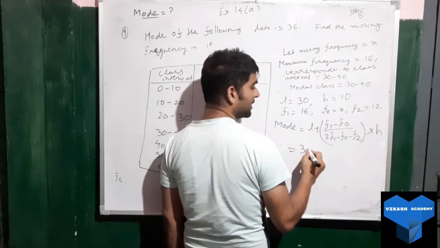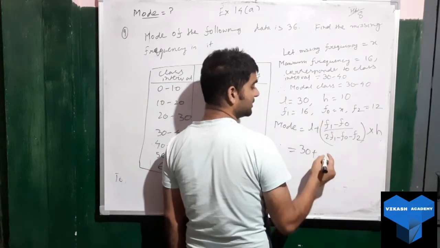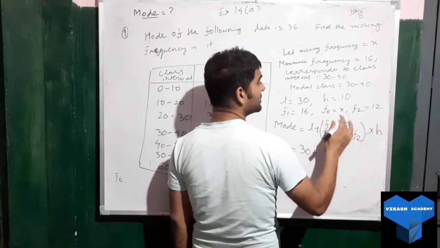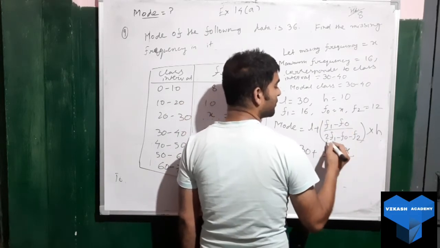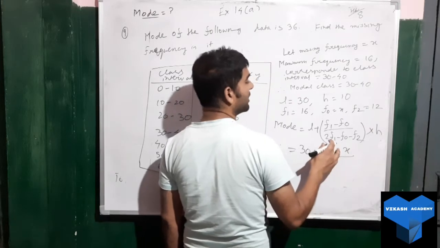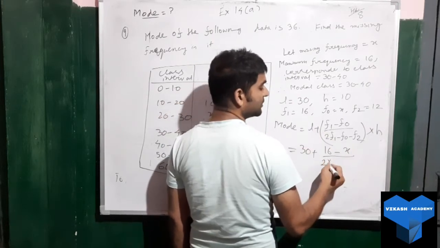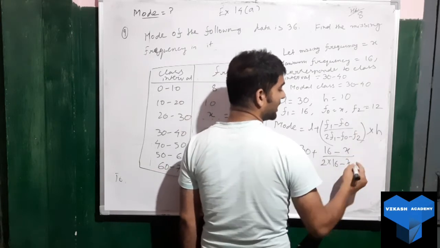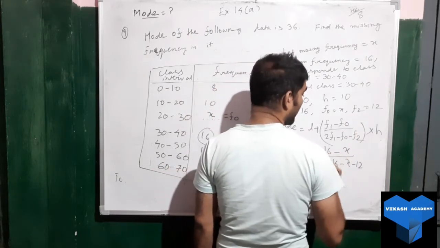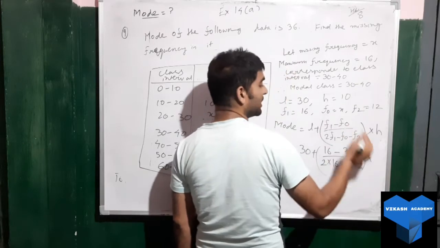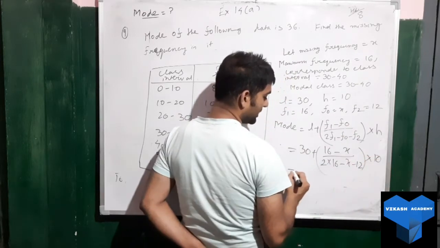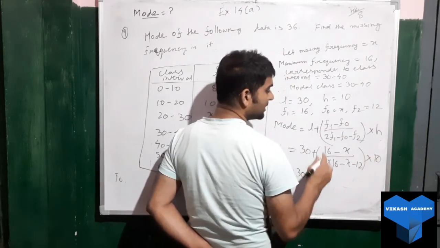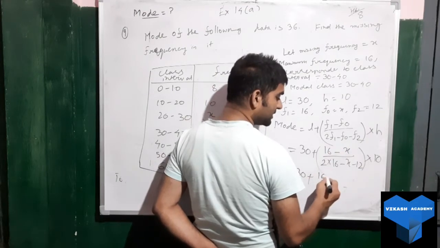You will write 30 plus F1, 16, minus F0, X. Twice of F1 is 2 into 16, minus F0, X, minus F2, 20, into H, which is 10.